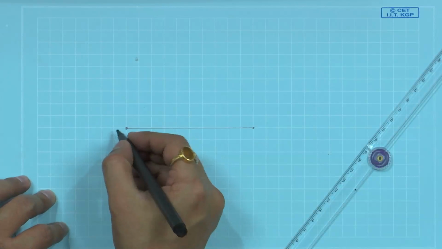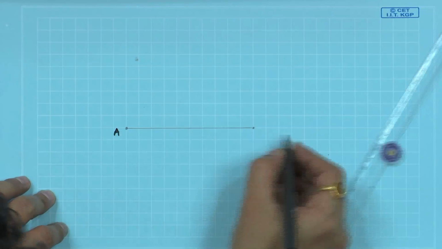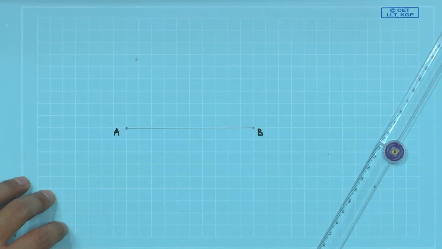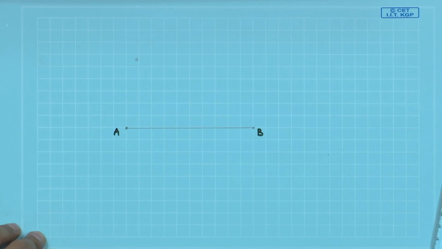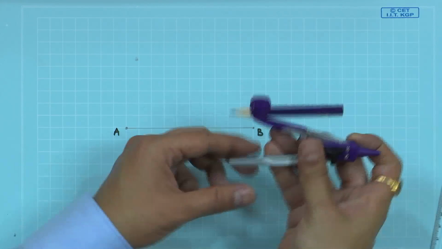Let us call A and B. Then we have to look at the center, which bisectors we can use.